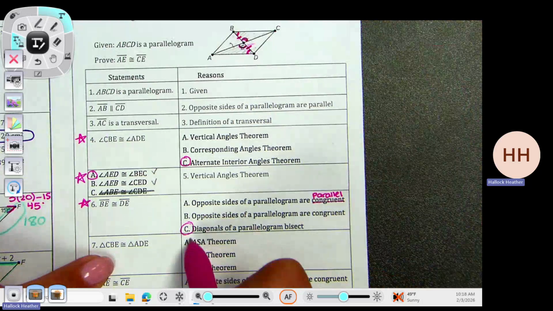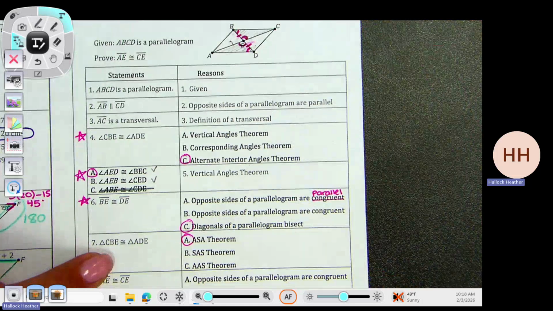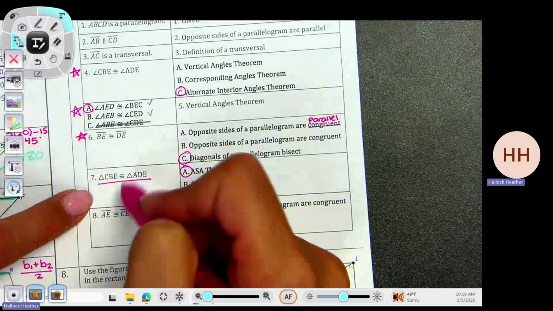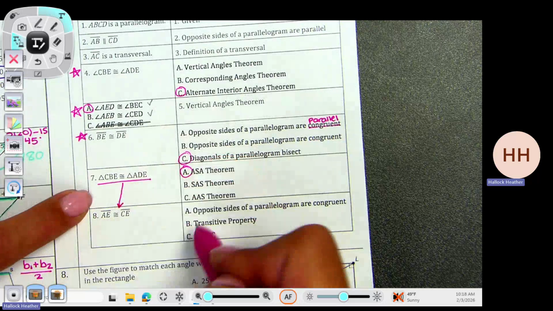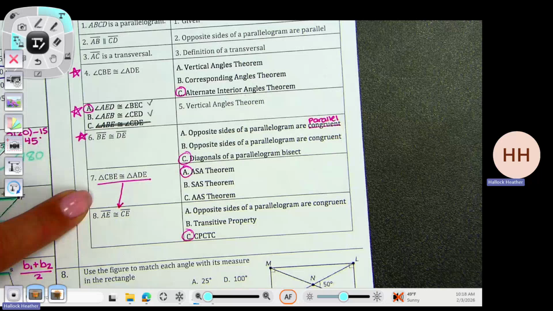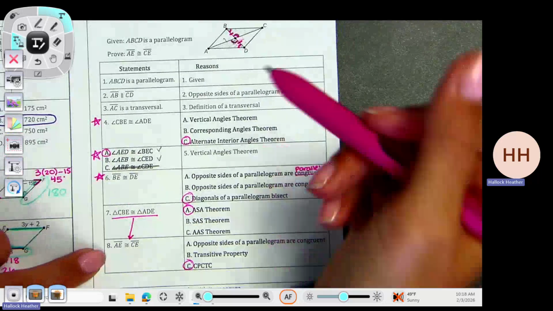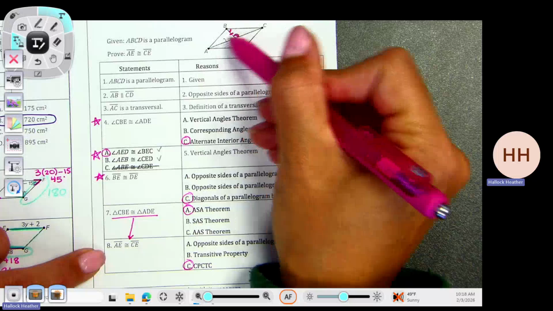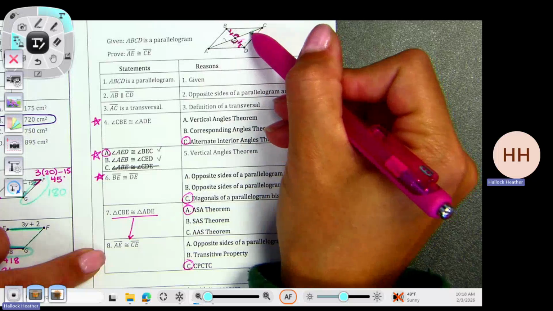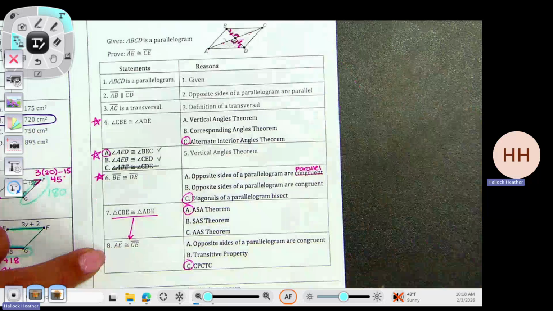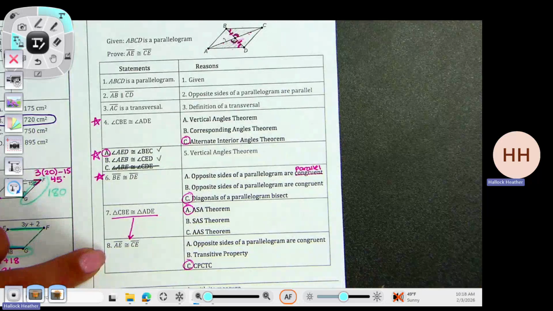So this is ASA. The last one, once you have this statement proved, the next step will always be corresponding parts of congruent triangles are congruent, because it's saying that the other piece of the triangle is also congruent. AE does match CE. That's because once you know they're congruent, everything else in those triangles actually match each other.